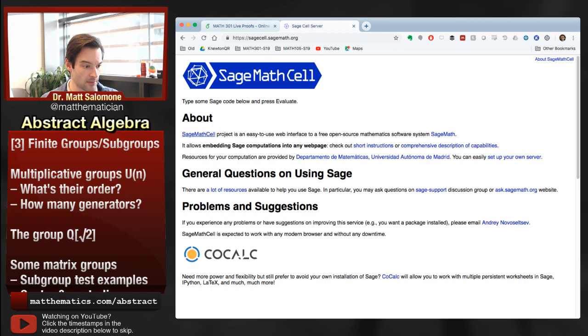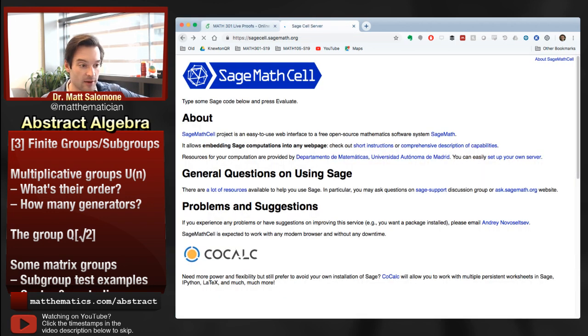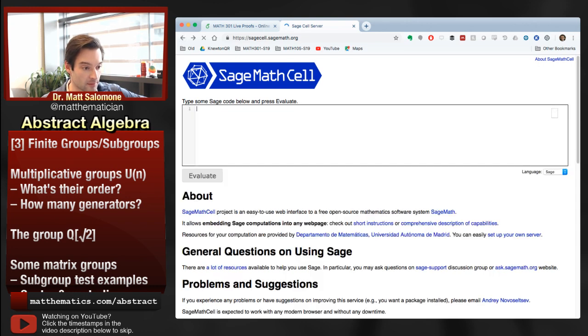Where did it go? I don't know why this is not cooperating here. Here we go. Let me expand this up a little bit so you can see it more clearly in the video.